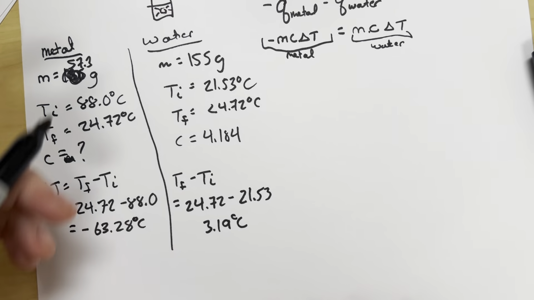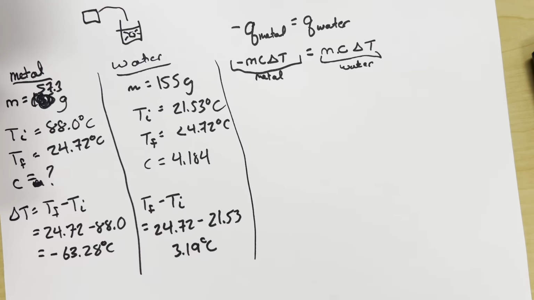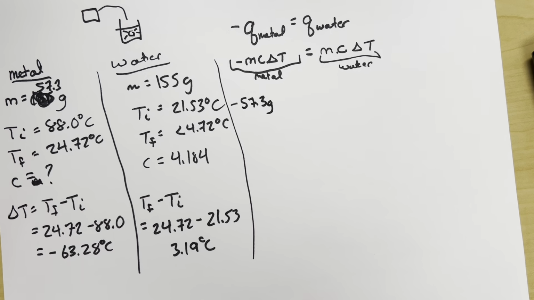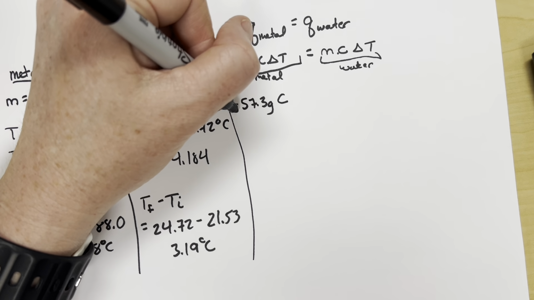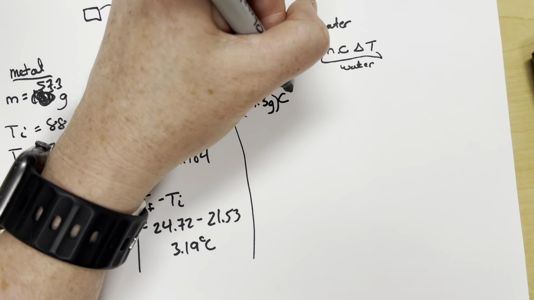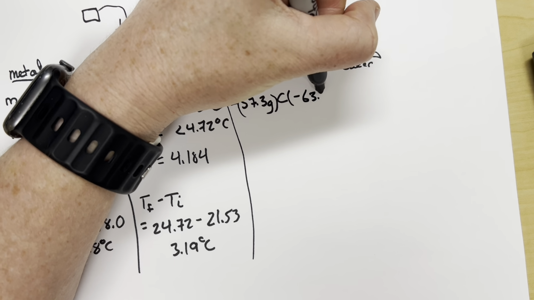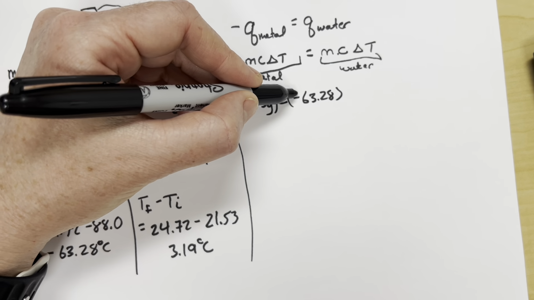All right, so now we can just plug and chug into this formula here. Our negative mass of the metal would be negative 57.3 grams times C, which we're solving for. So I'll put these things in parentheses, times our delta T, which is negative 63.28, which is helpful because a negative times a negative becomes a positive, so those can cancel.